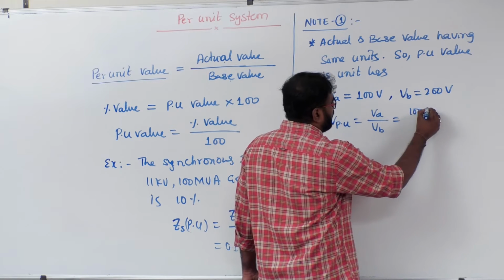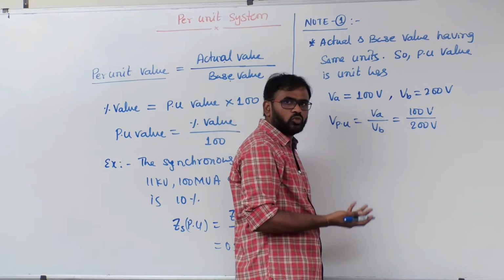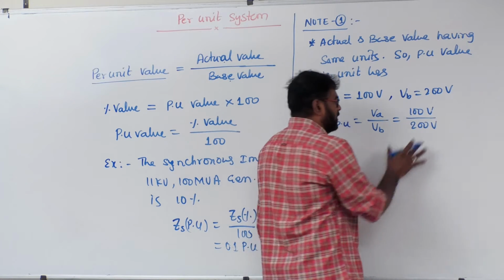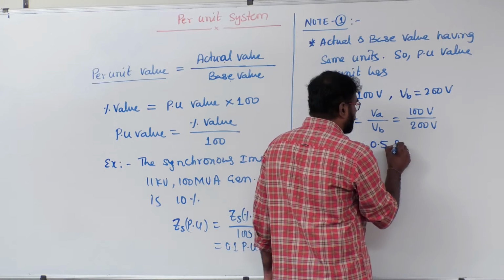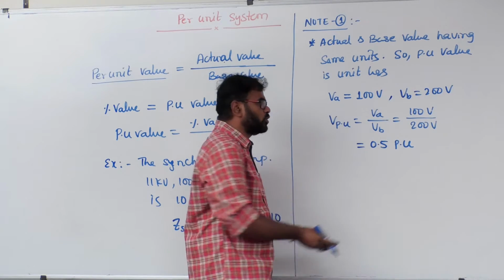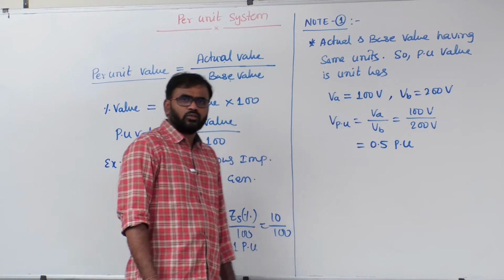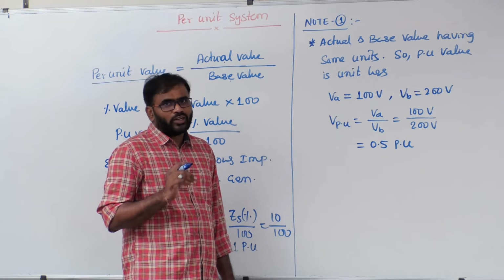Nothing but 100 volts divided by 200 volts. Volts get cancelled. So this number does not have any units. 100 divided by 200, what do I get? 0.5 per unit. So simply saying per unit itself says it doesn't have any units. So again I am saying, the per unit value is unitless.